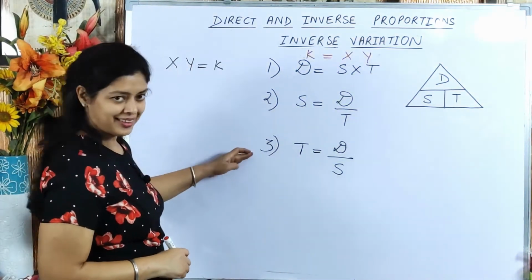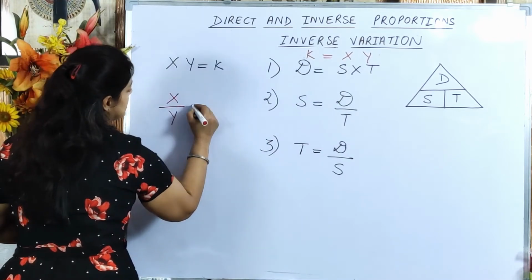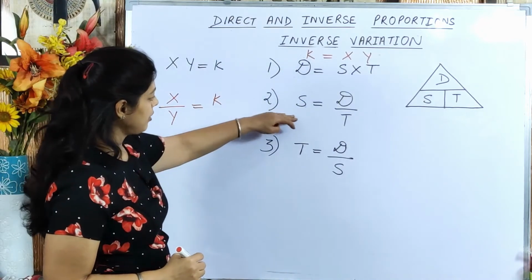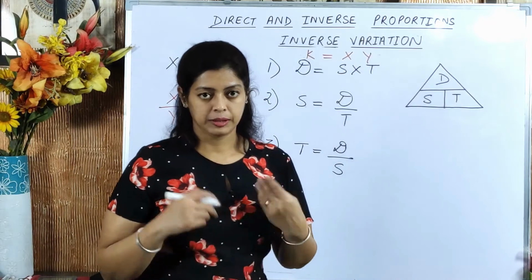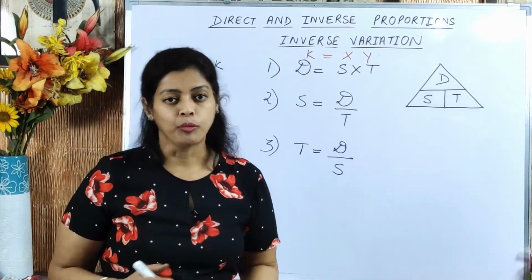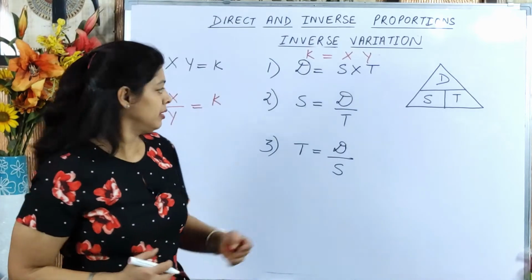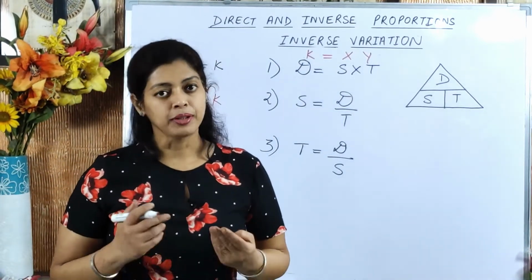And in the second and the third case, these formulas are of the form x upon y is equal to the constant k. So if you see the second formula, if we keep the speed as constant, more time, more will be the distance covered. Less time, less will be the distance covered. Distance and time move in the same direction when speed is kept constant.